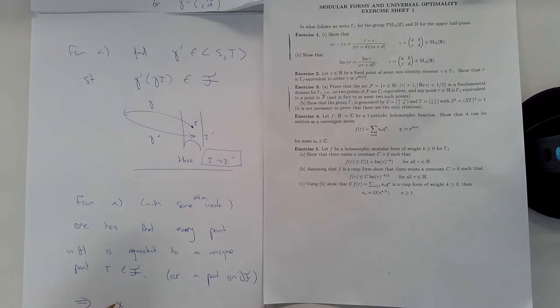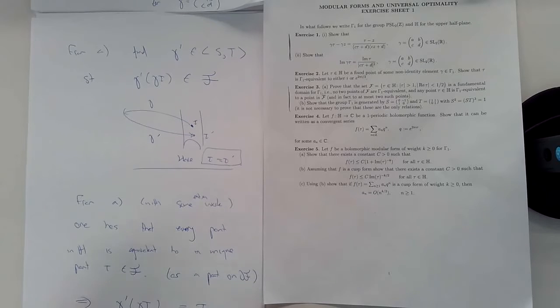This implies now that the combination gamma prime gamma tau has to be equal to tau.